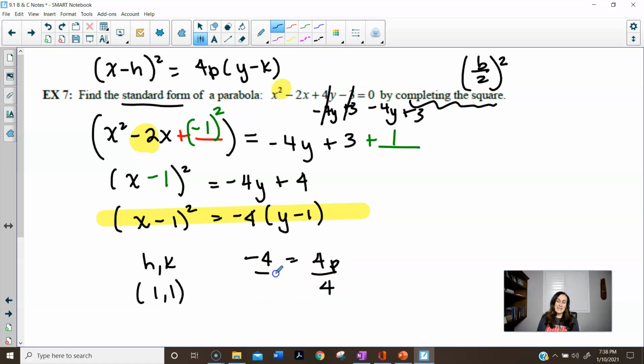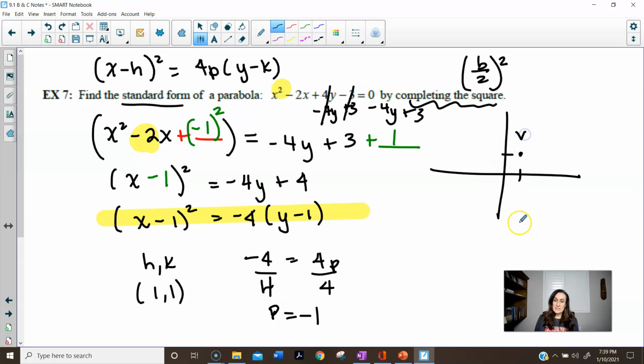So the p is actually negative 1. And this would help me if I were going to graph it. Looking at it graphically, if h, k is right 1, up 1, okay, that's your vertex. p is left 1 from the vertex. So here is the focus.